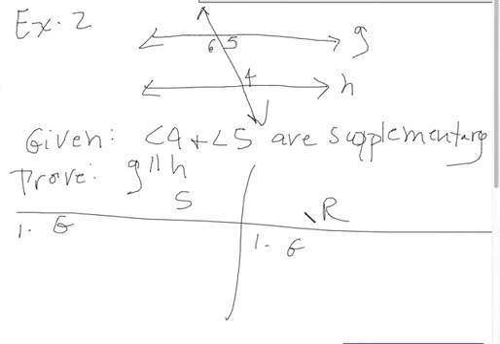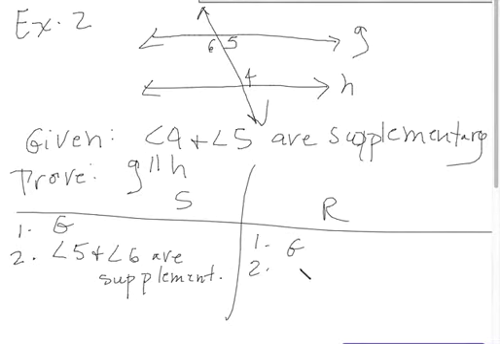Angle 4 and angle 5 are supplementary. Got that. Now, what do I know about angle 5 and angle 6? They're supplementary. Why do I know that? Because they're a linear pair. So the linear pair postulate says that.